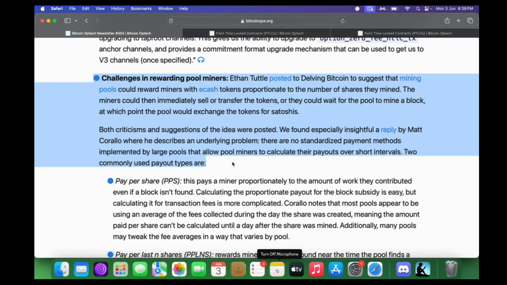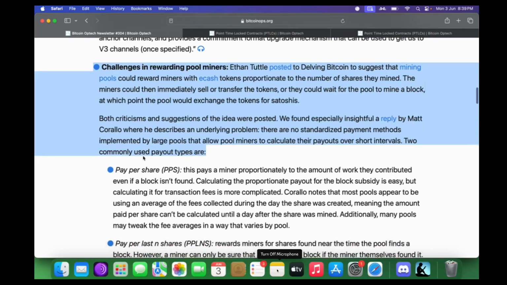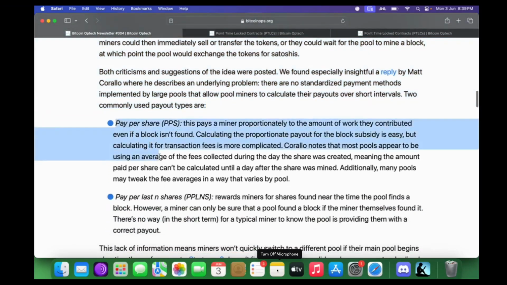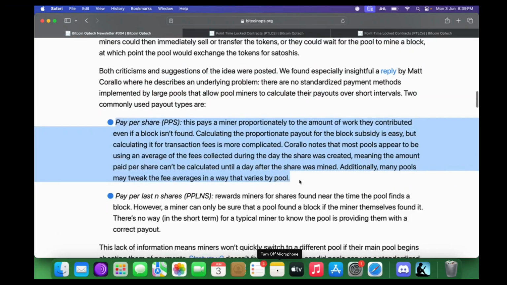There are no standardized payment methods implemented by large pools that allow miners to calculate their payouts over short intervals. Two commonly used payout types are pay per share, that's PPS. This pays a miner proportionately to the amount of work they contributed, even if a block isn't found. Calculating the proportionate payout for the block subsidy is easy, but calculating it for transaction fees is more complicated.